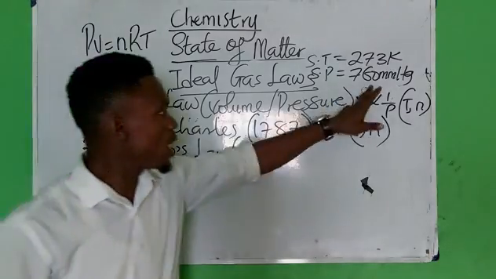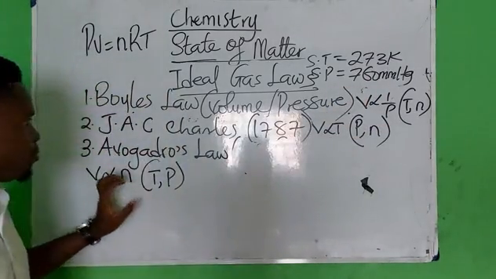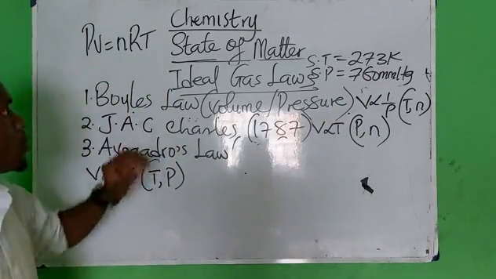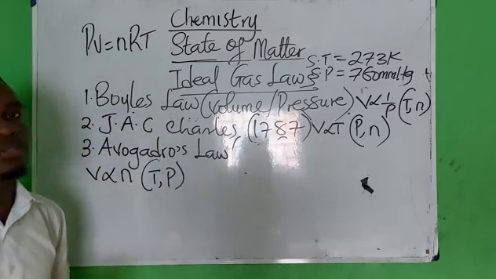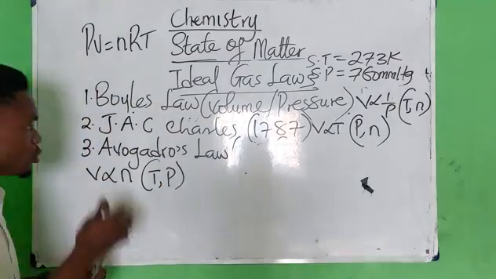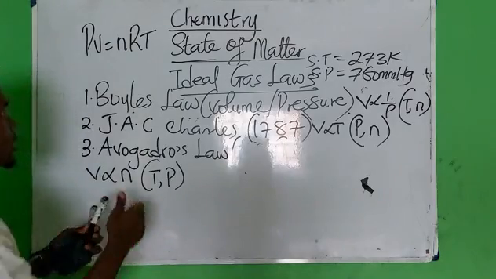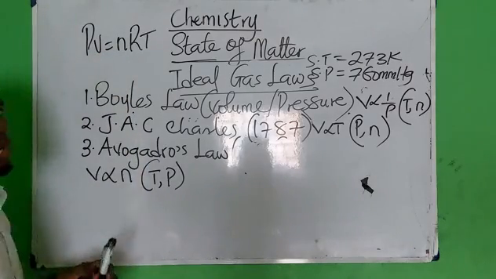So we have 1, 2, 3 being the laws that make up the ideal gas equation. In doing this, how are you going to arrive at this point?